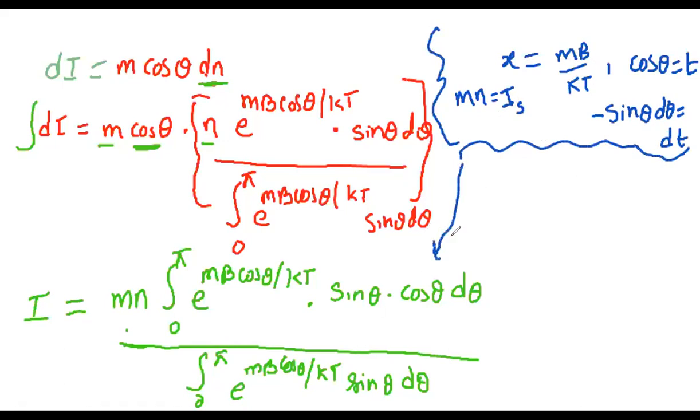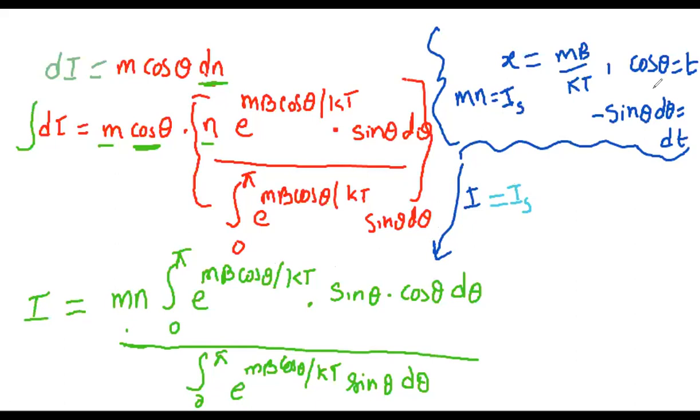Now we have to apply this here. Let me change the pen color again, not to confuse. I is equal to m into n, what I assumed. When I substitute the limits 0 to pi, cos 0 is how much? 1, right?